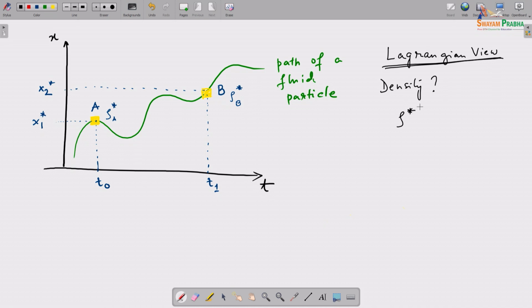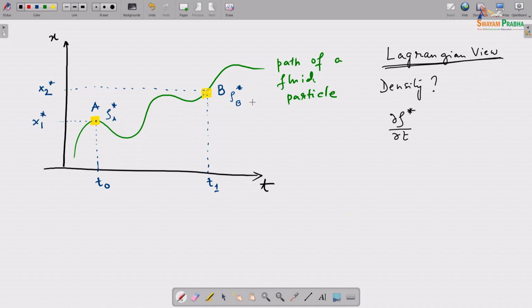And how would you find the rate of change of this density? I would just do this in the Lagrangian view. Does that make sense? The star itself tells me that the density is rho A star or rho B star.